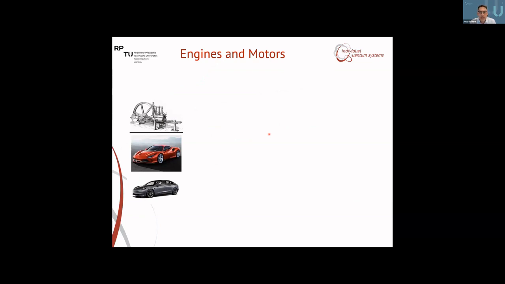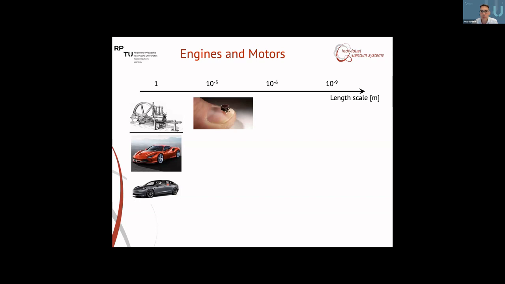So you all know that engines are important in our daily life, starting from steam engines, as shown here, to cars. And no matter if you burn fuel or use an electric car, that's the heart of society. But as experimental physicists, we love to make things small. And that means if you start to make things small, you can think about building very small robots, like the millimeter-size robots that you have seen here.